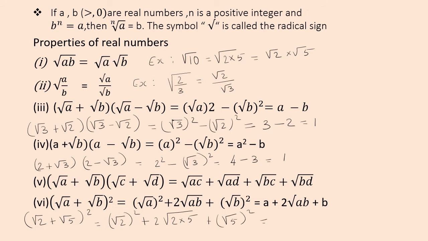So you will get root 2 square, that is 2, plus 2 root 10 plus root 5 square is 5. That is 5 plus 2. 5 and 2 are rational numbers, so you can add them. 5 plus 2 is 7 plus 2 root 10. So we will move to the exercise.